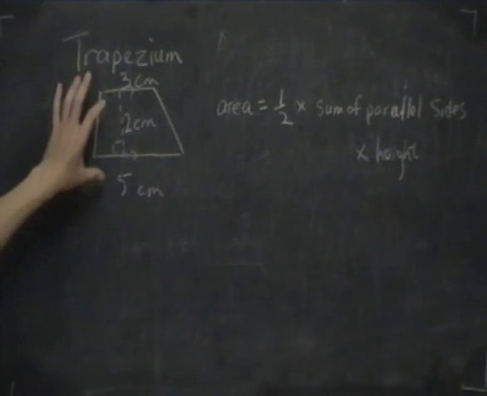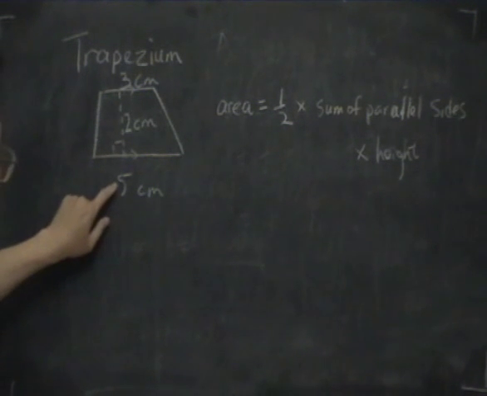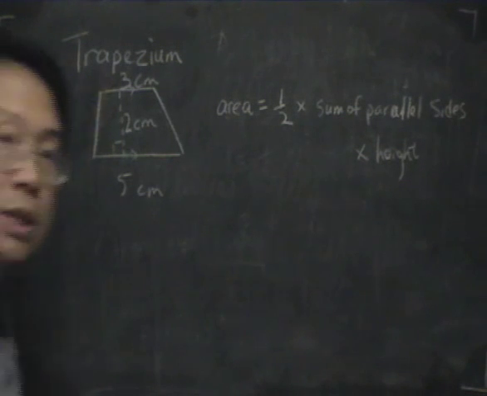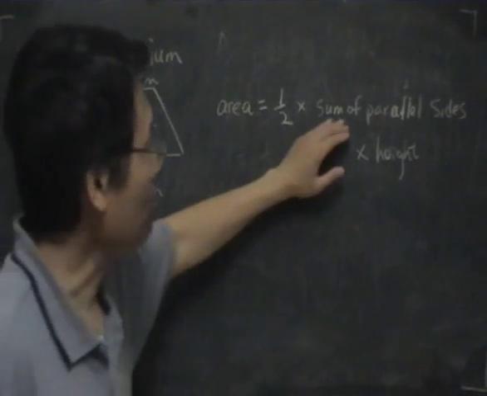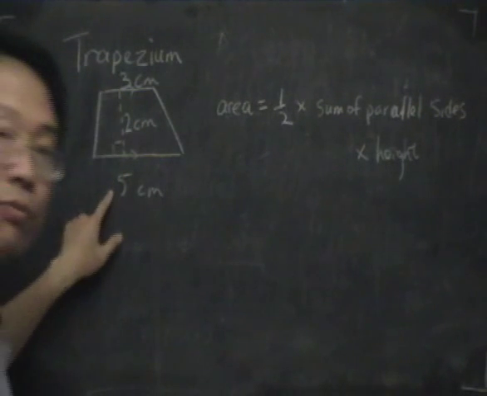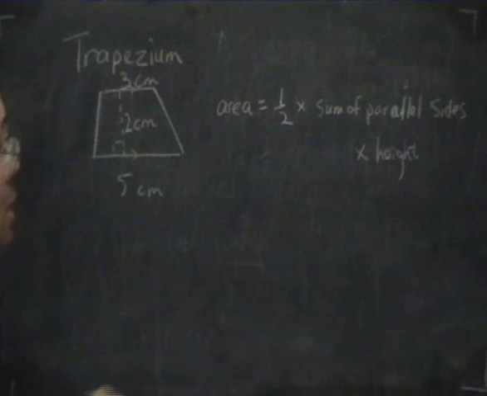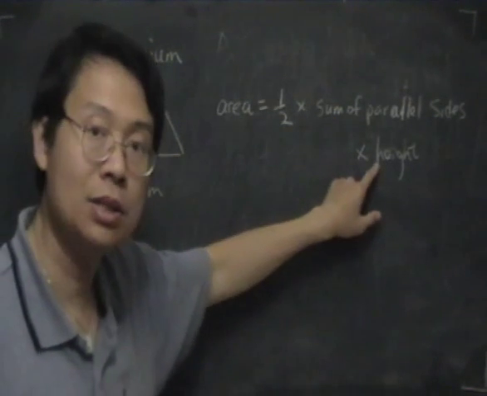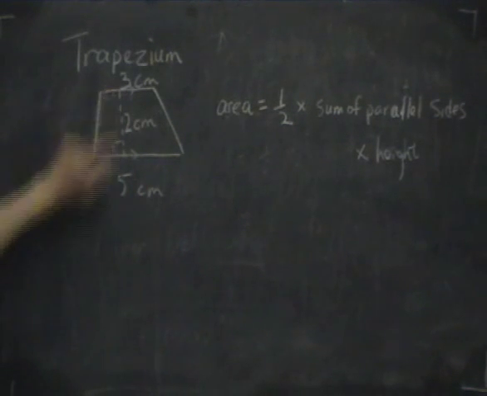So these are the parallel sides, the 5 cm and the 3 cm. So the sum of parallel sides means that we must add the 3 and the 5 centimeters together. That's the sum. And the height here is the 2 centimeters.